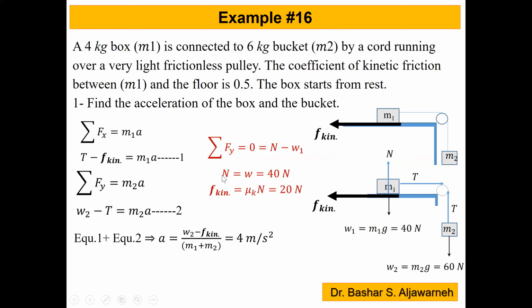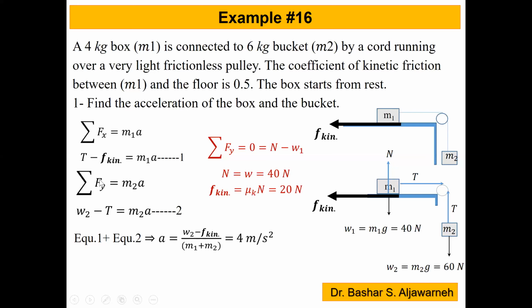So I already calculated the friction force, which is 20 Newton. Now, from the second system, for M2, summation Fy equals M2a. As you can see here, W2 is in the same direction and tension in the opposite direction. So we can say W2 minus T equals M2 times a. So I have formed equation number 1 and equation number 2.